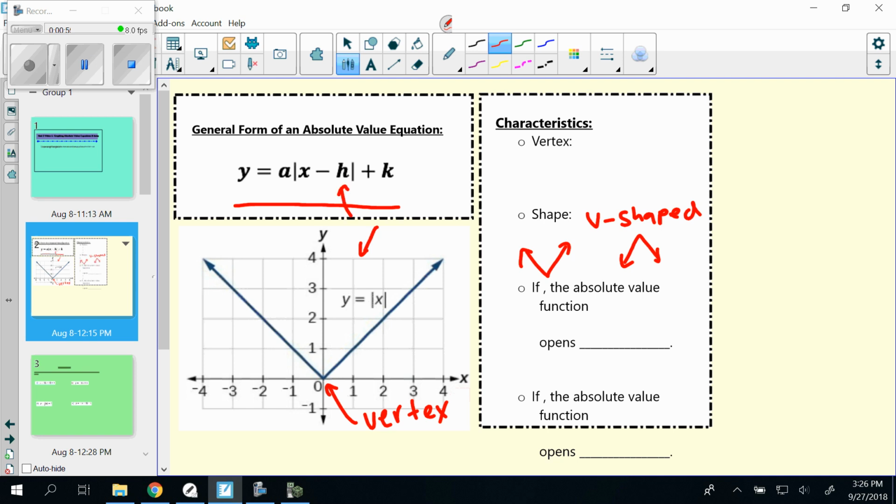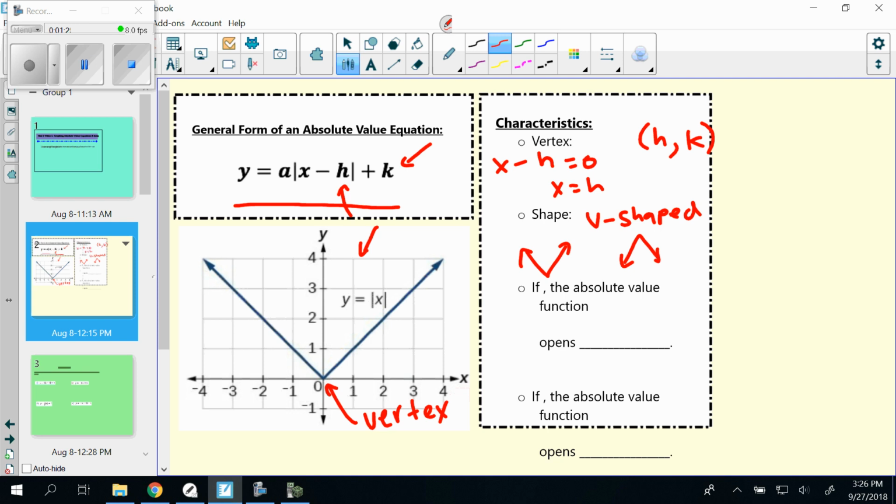So to get that h, it's always whatever makes it equal 0. So when you have this x minus whatever in there, if you set it equal to 0 and solve it, that's going to be what your h is. So h is going to be the x value of that point. The y value of that point is going to be whatever k is. So (h, k) is your vertex.